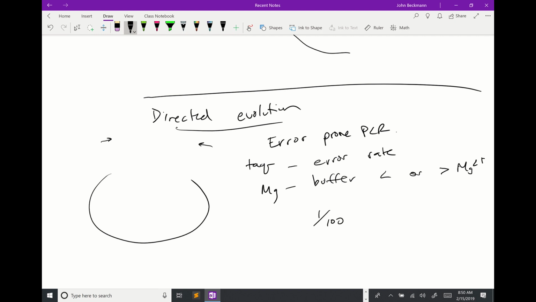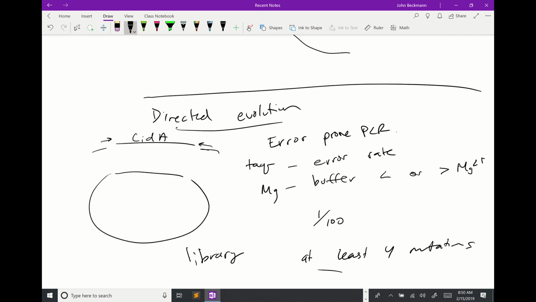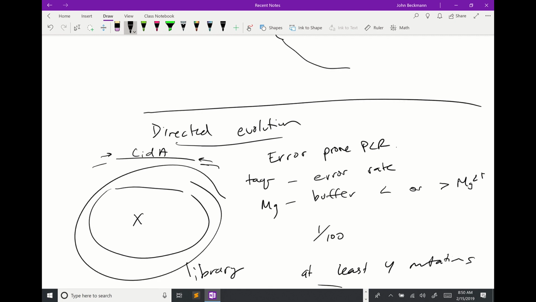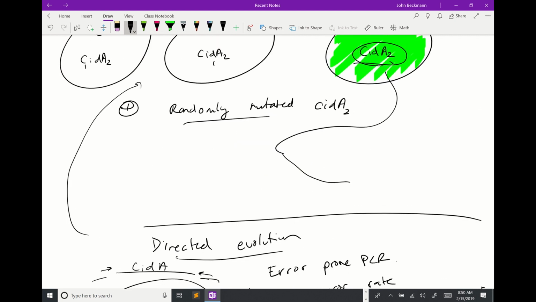Okay? That means when I amplify my SID-A, if it's 400 base pairs, there's going to be at least 4 mutations in SID-A. And then I can clone and make a library of a whole bunch of randomly mutated SID-As that I made with error-prone PCR into this plasmid X, and then that library is what I transform in this experiment.